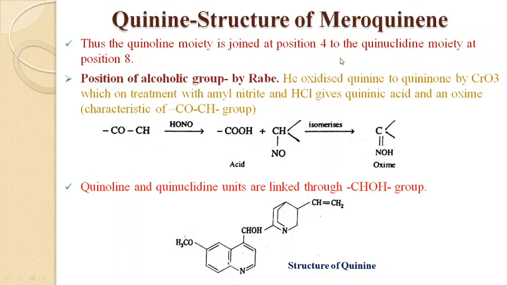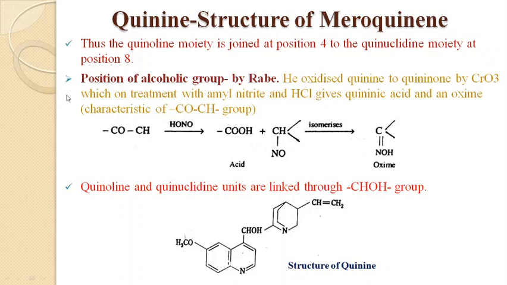Now how are these joined? Is there a direct connection between the two moieties, or are they joined through some group? This is a very important position of the alcoholic group, as we have already studied that quinine contains a secondary alcoholic group also.